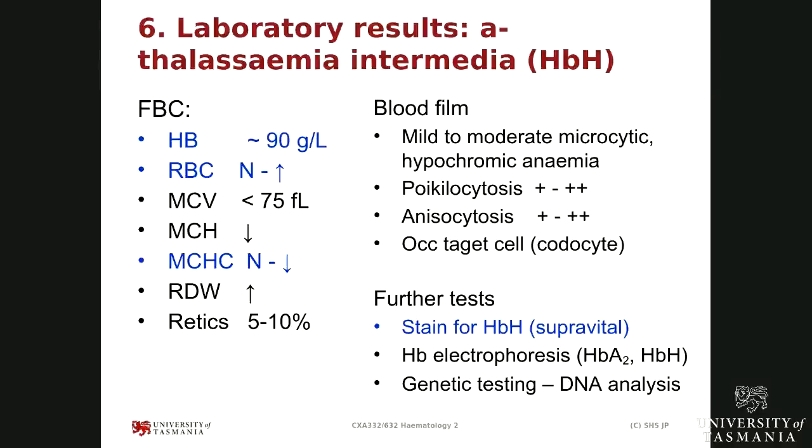When you do a hemoglobin electrophoresis, it's often quite difficult to see any change, because usually with an alpha thalassemia, you'll find that all of the adult hemoglobins are lower: hemoglobin F, hemoglobin A2, and hemoglobin A. But interestingly, there does seem to be a little bit of an increase in hemoglobin A2. Not much, but there is a little bit. And also hemoglobin H, the beta chain tetramers, do actually show up on hemoglobin electrophoresis. And of course, then we would go to genetic testing.